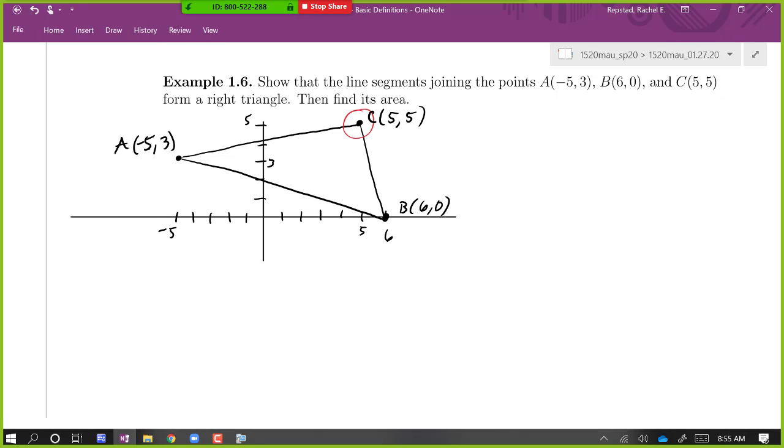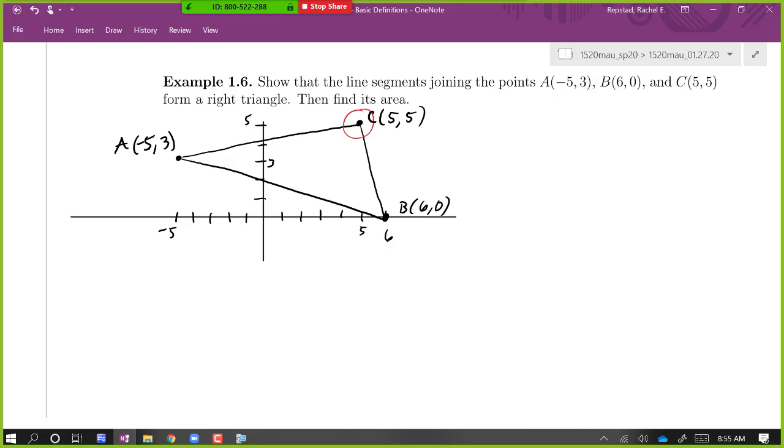How might I show that that angle is 90 degrees? Yeah, in fact, rather than find the actual measure of that angle directly, if I just show that those line segments are perpendicular, meaning we could find their slopes and show that they're opposite and reciprocal, then we'll know that that angle is 90 degrees.